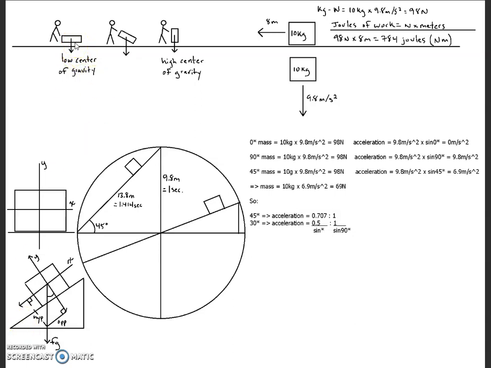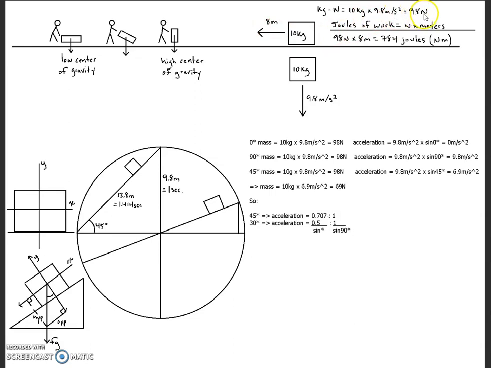So here we start with a low center of gravity, and we get to a little bit of a higher center of gravity with this scenario. So just to talk a little bit about joules and work, and we'll get into that, but if we go kilograms to Newton, we got 10 kilograms, 8 meters, if we're going to move this 8 meters.